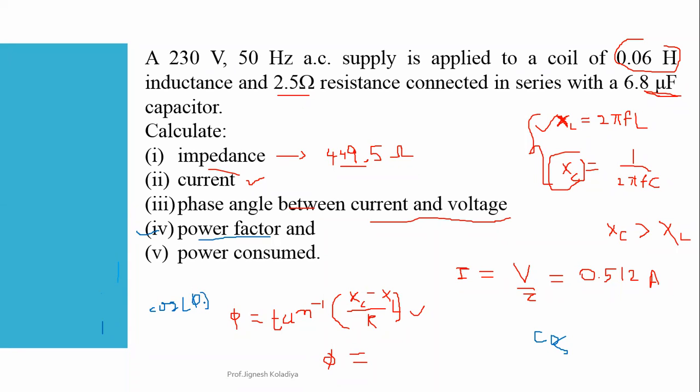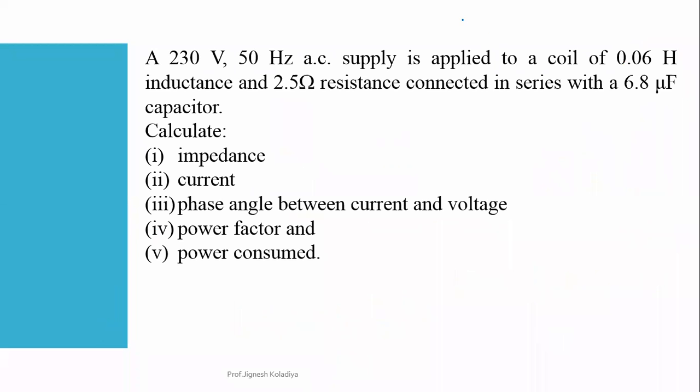You have to write it with the value as well as the response. So cos of 89.7 is 0.005, leading.